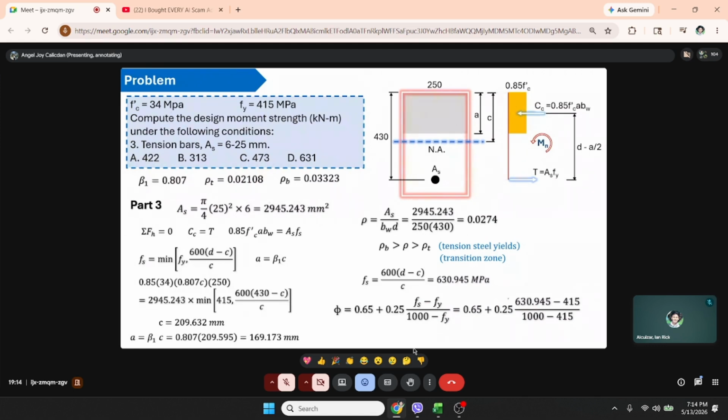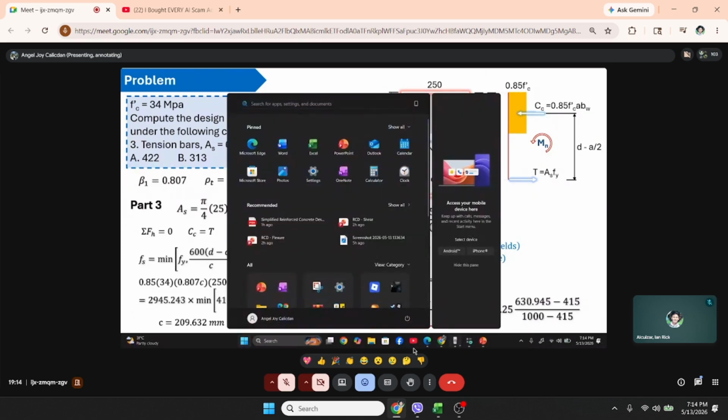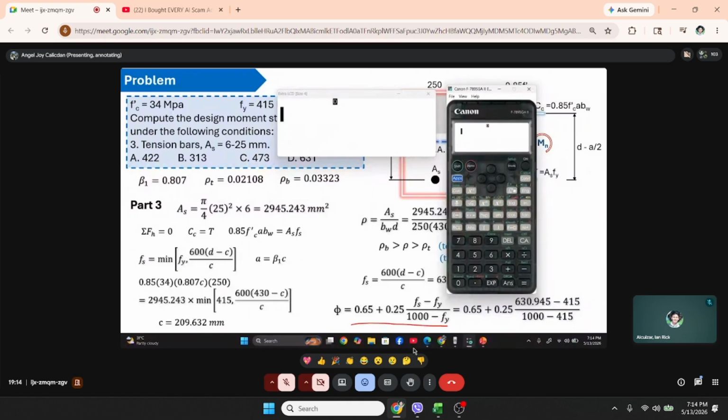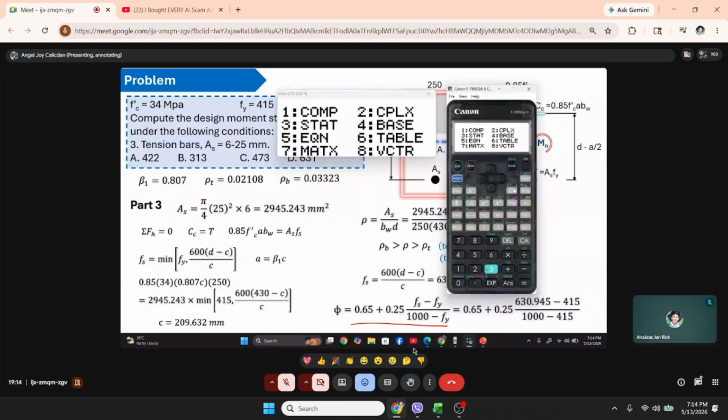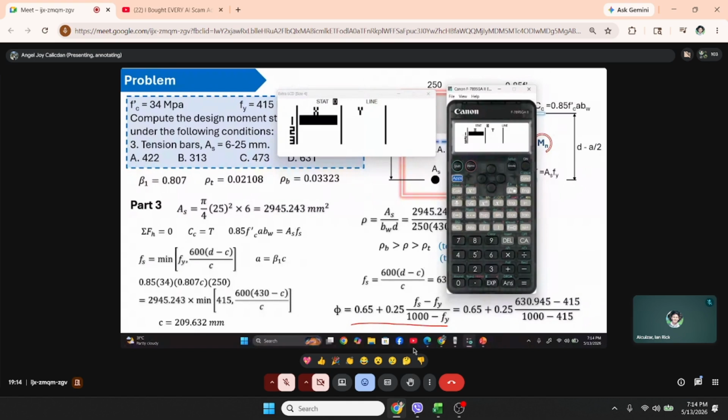So instead of that, you can also use mode 3-2. It is like interpolating. So for example, mode 3-2. First, input 0.65, the phi for compression controlled, then the phi for tension controlled, 0.9. Then your Fy, which is 415.